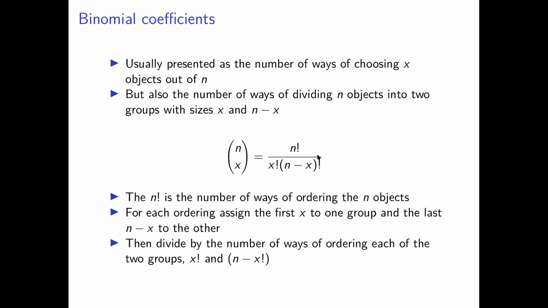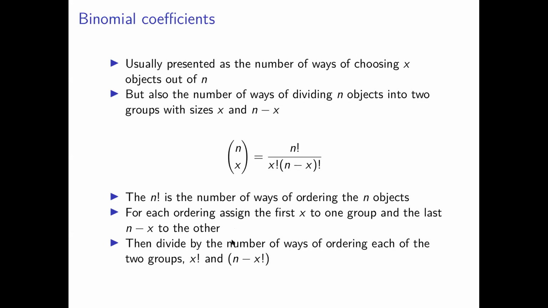And then if you have all of the ways of ordering N objects, and you choose the first X to assign to one group, and the last N minus X to assign to the other, if you do that for all of the orderings, you'll actually have every possible way of dividing up those objects. But you'll also have every possible ordering of each of those groups for all of those ways of dividing the objects up.